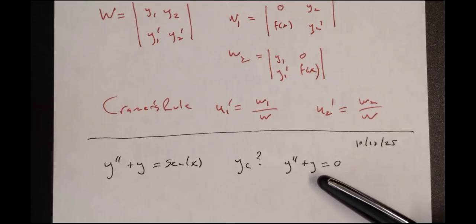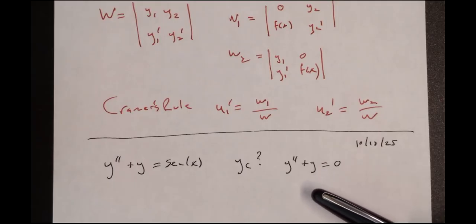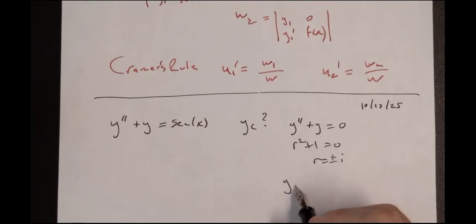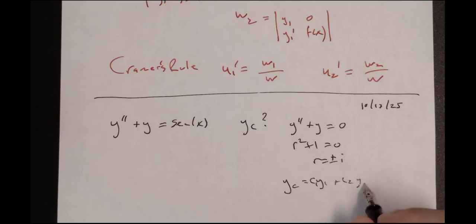So from here, what does this give me as my homogeneous solution? Because it's r squared plus 1 equals 0, so r equals plus or minus i. So yc is c1 y1 plus c2 y2. What are y1 and y2? Exactly.